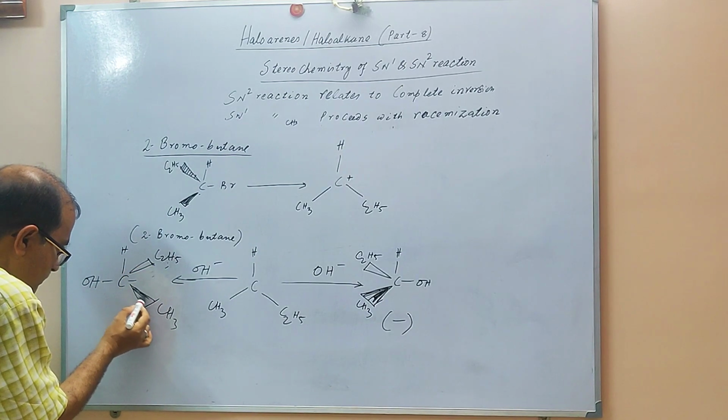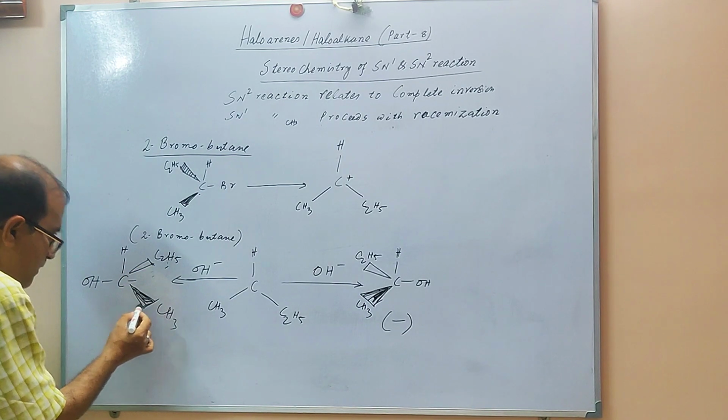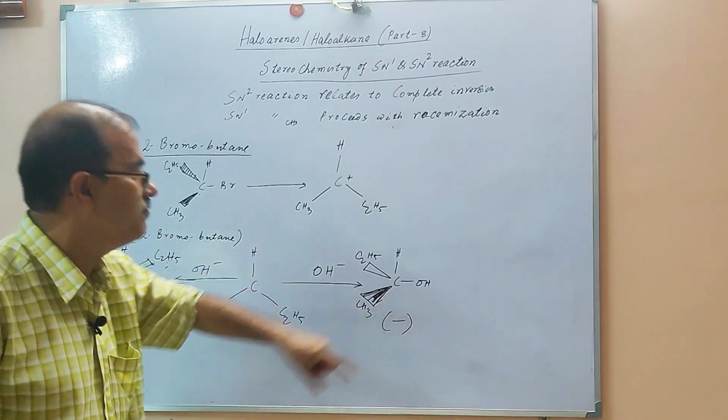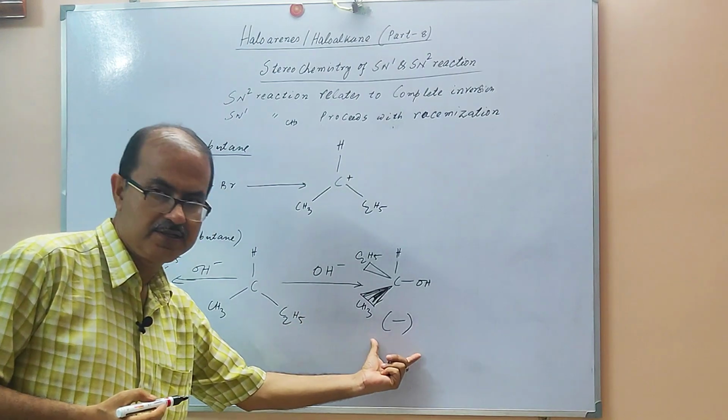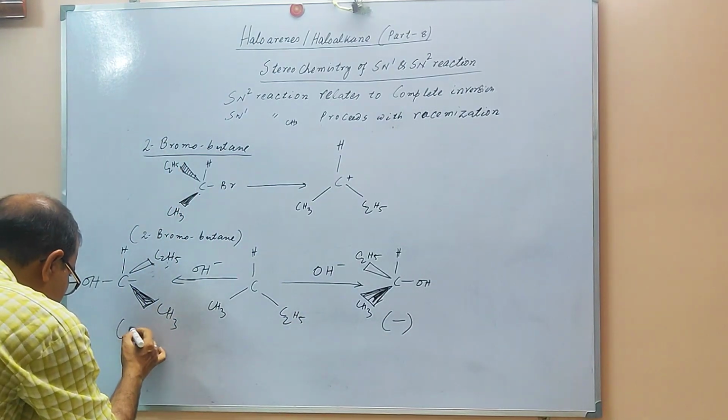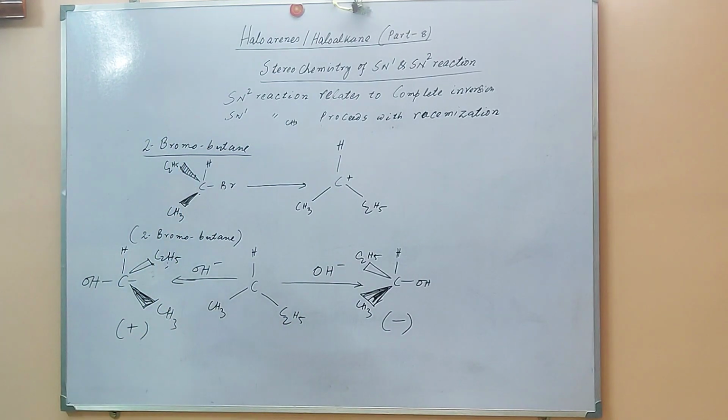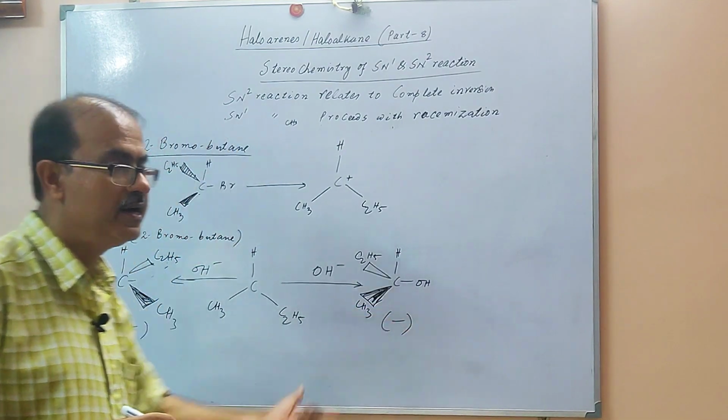That is a complete inversion of the structure here, and here the retention of the structure. So if this is a minus, then that will be the plus. Optically, one will rotate in the positive, clockwise direction, whereas the other can rotate in the negative direction.